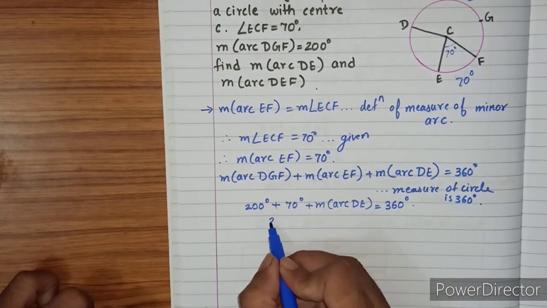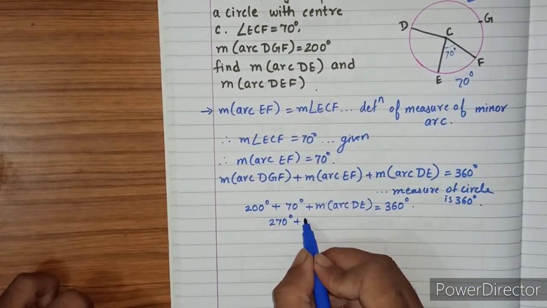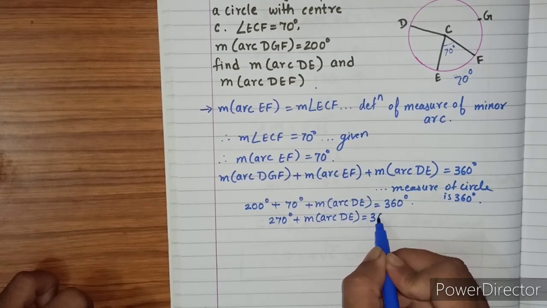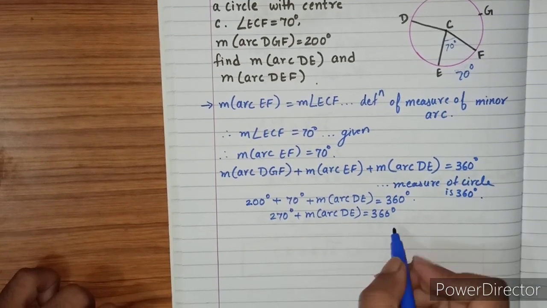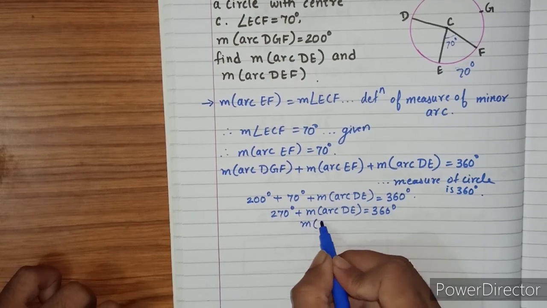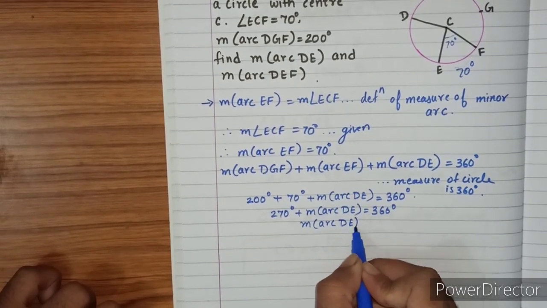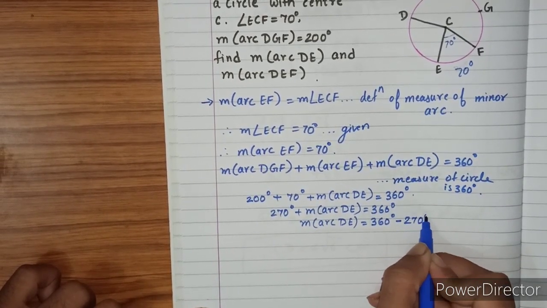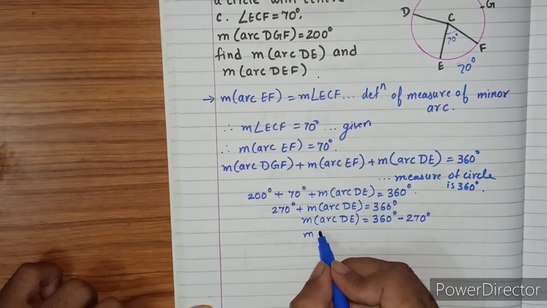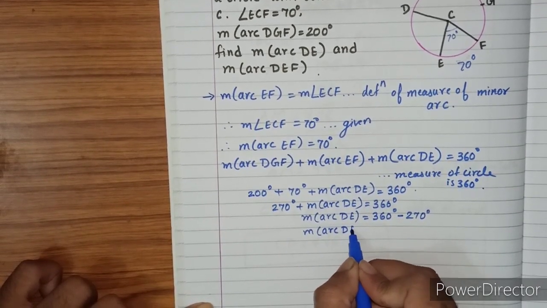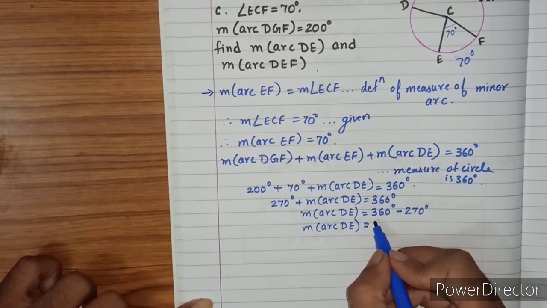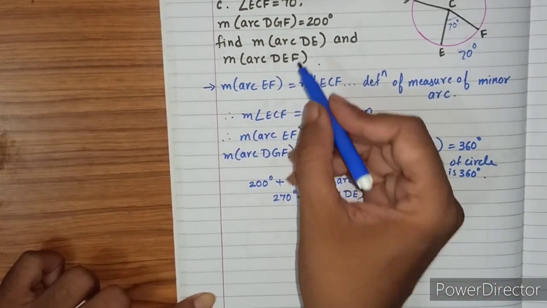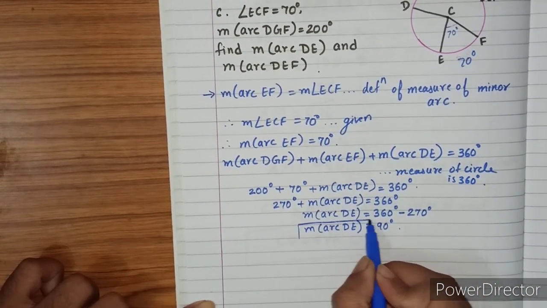Okay. This becomes 270 plus measure of arc DE is equal to 360. I'll take it on to my right hand side. So measure of arc DE will be equal to 360 minus 270. What is it? Measure of arc DE will be equal to 90 degree. Right? Now you got DE. So this is your first answer, right?